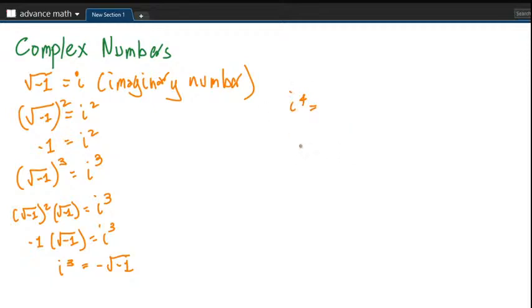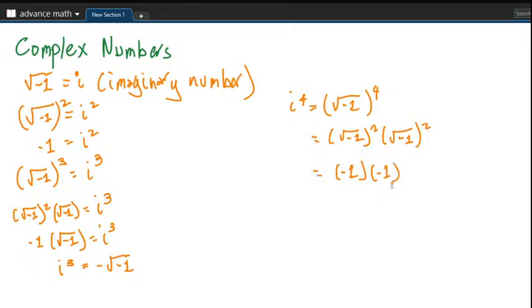Then lastly, we have i raised to the power of 4. This is now equal to square root of -1 raised to the power of 4. We could use the property of exponent to decompose this into square root of -1 squared times square root of -1 squared. So we will have -1 times -1. So our i to the fourth is equal to 1.